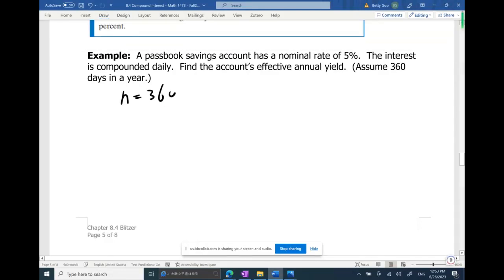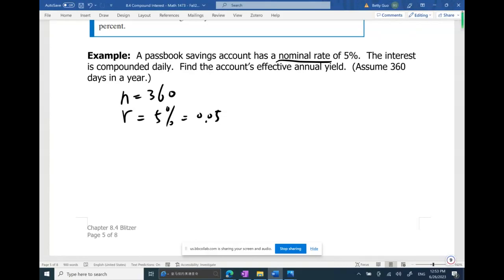N equals 360, following the banker's rule, because it's compounded daily. We have the nominal rate. Later, once we have our result, we're going to compare the effective rate with the nominal rate to see the difference. R equals 5%, as a decimal is 0.05.